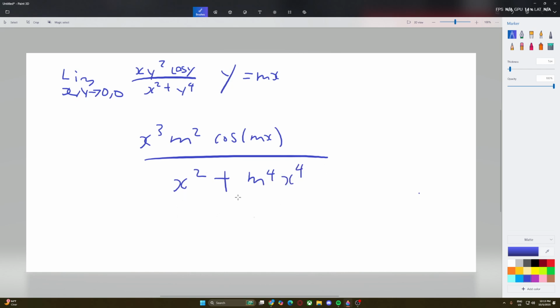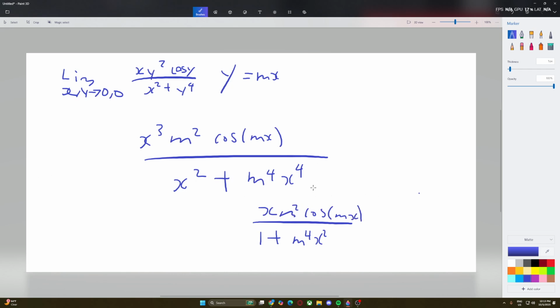Then if we take out x squared, we'd probably just get x m squared cosine mx over 1 plus m to the 4 x squared.